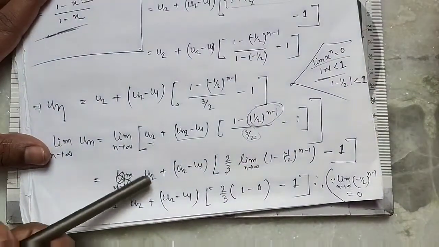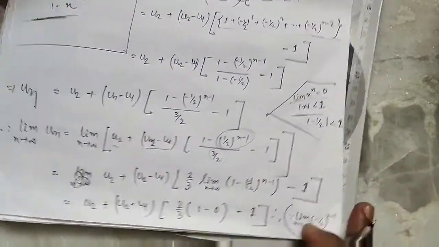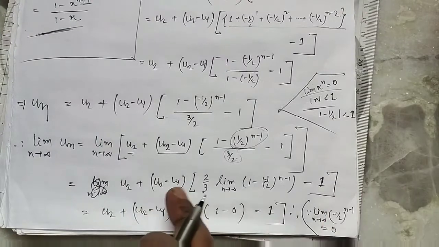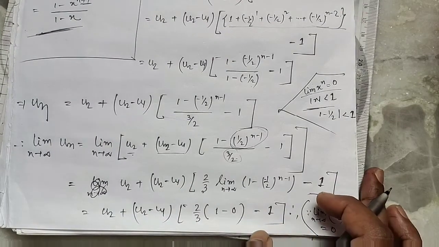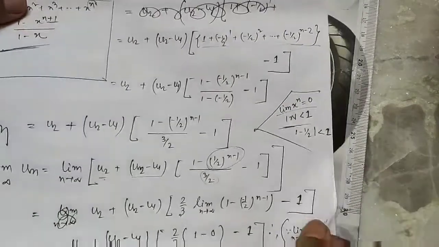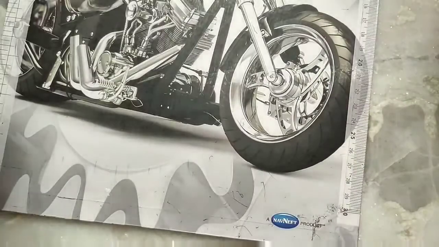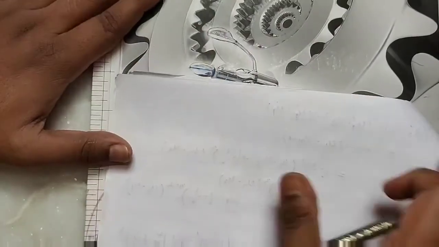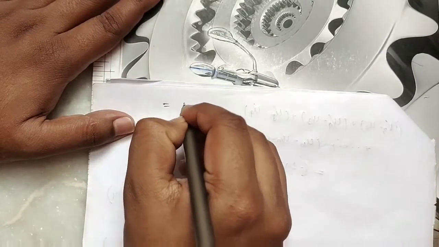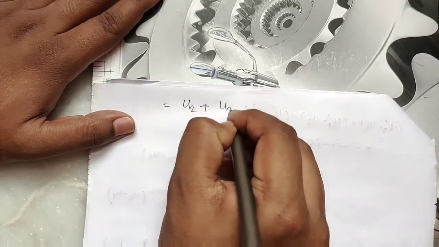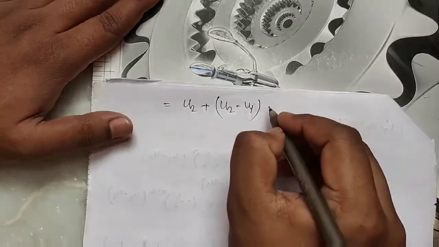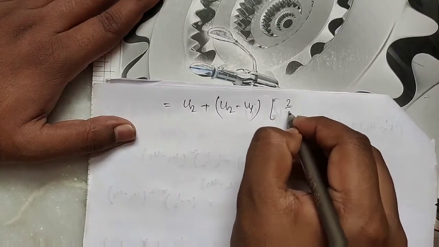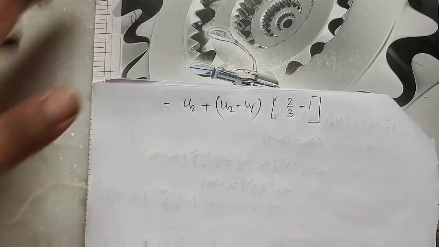Okay, so if we calculate this, this is 2 by 3 minus 1. Okay, so u2 plus (u2 minus u1) into (2 by 3 minus 1). Clear?